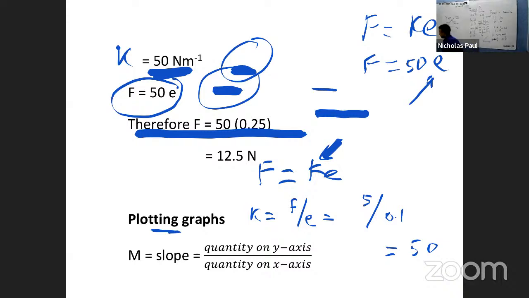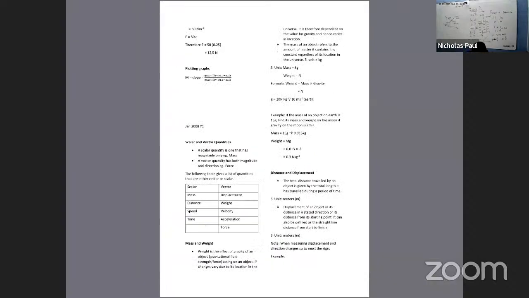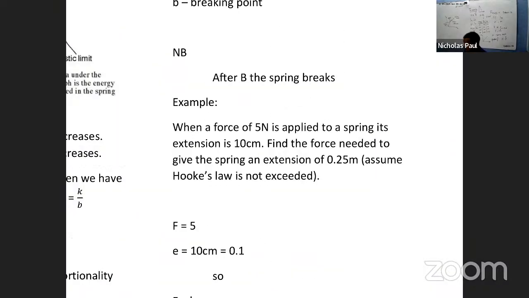All right, so try this one. Number one. Same concept. I changed this slightly.